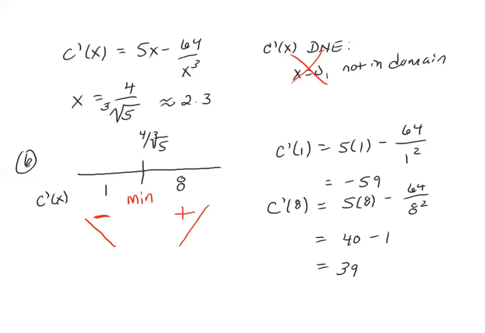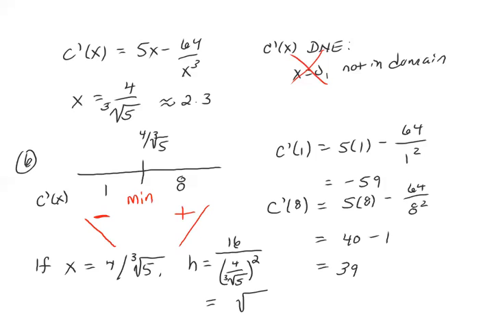So that gives me the x value that will minimize cost. So if x is equal to 4 over the cube root of 5, what is h? 16 over 4 over cube root of 5, squared. If I simplify that, I get the cube root of 5 squared.